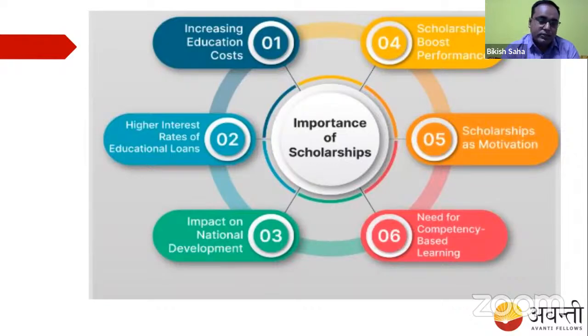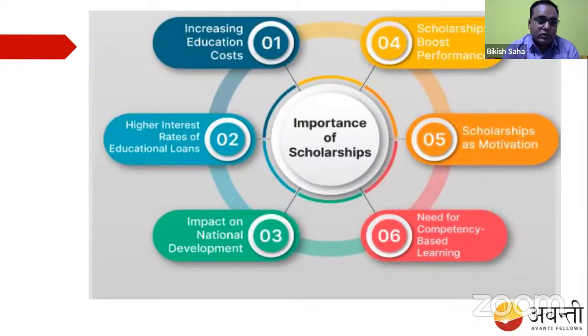And the interest rates charged by banks for different education loans are very high, and it also puts additional pressure on your family if you go for an education loan.